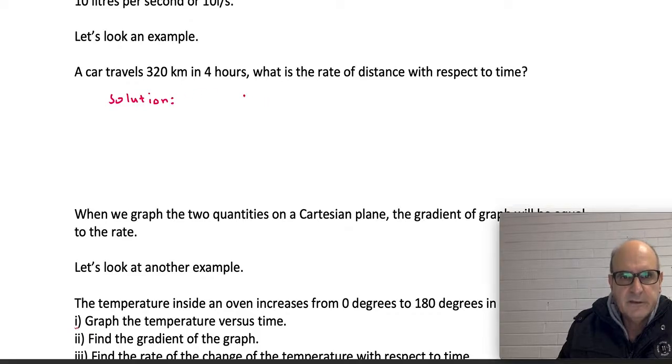One is distance, how far the car travels. The other one is time. I'm going to write all the distances here and all the times here. Let's start with the one they have given us: 320 kilometers, and the time for that is 4 hours.